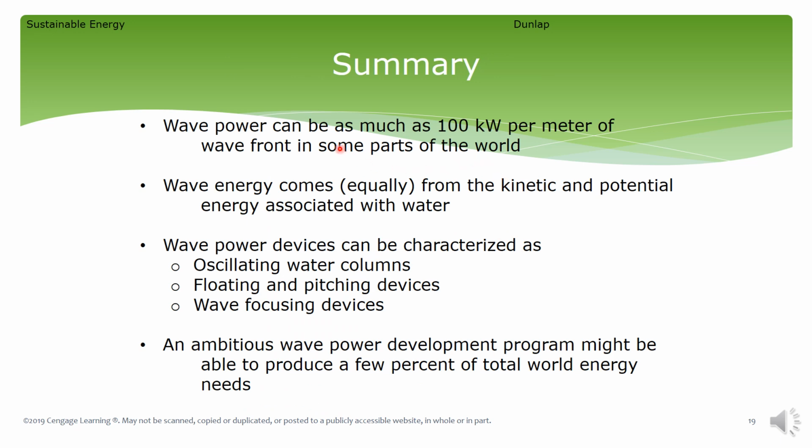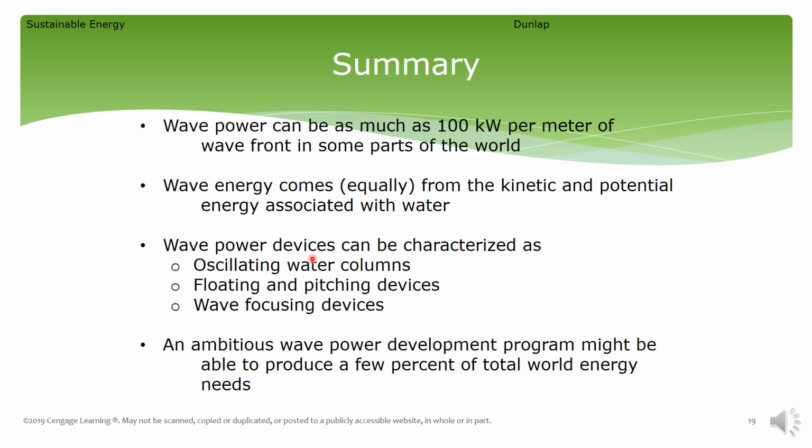Summary: wave power can be as much as 100 kilowatts per meter of wave front in some parts of the world. Wave energy comes equally from the kinetic and potential energy associated with water.